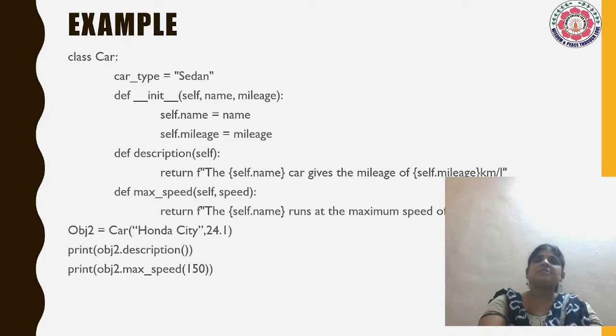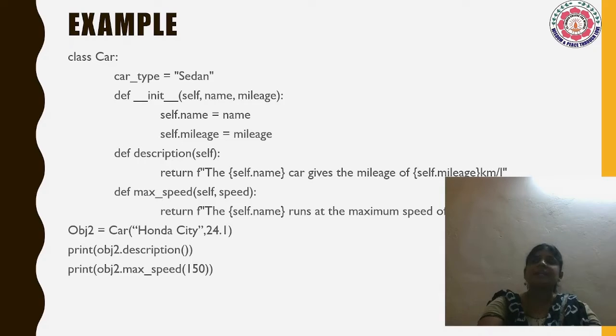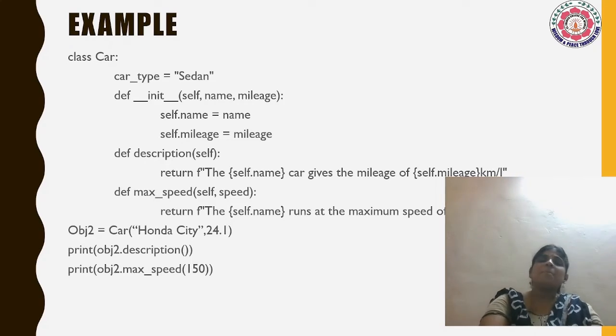So I create an object called object 2, and I call the class and I provide these values. What values am I providing? I am providing Honda City for the name of the car and 24.1 as the mileage. So when I print this description and when I print the max speed, that is the output I would be getting.